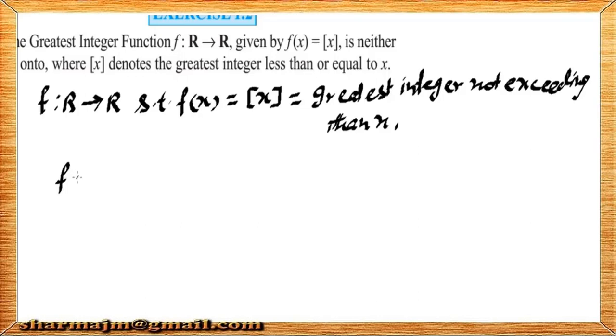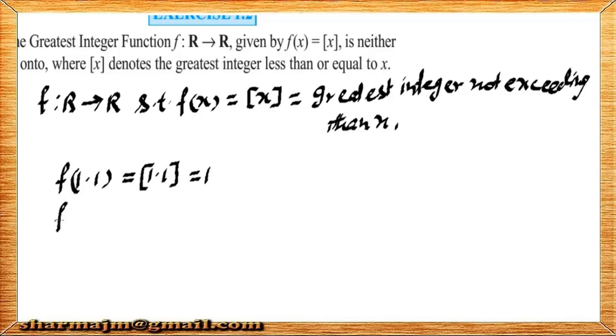Here if f will act over 1.1, then it will be this rectangular bracket of 1.1 and the meaning of this is 1, that is greatest integer not exceeding 1.1, so it is 1 here.